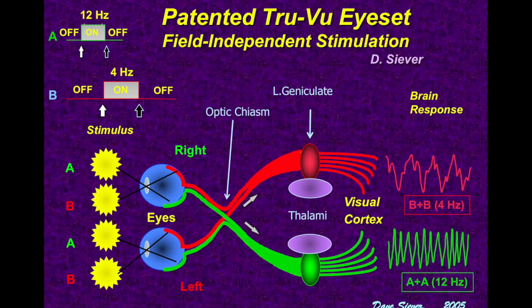Now, what if you take light and chop it up into pulses? In this case, this is what we're doing. For most of our work with exciting the thalamocortical loop, we've been using light flashes in the SMR, sensory motor rhythm range, around 12 to 15 hertz, randomized in the left fields of both eyes, where the B letters would be, as we can see in this example.